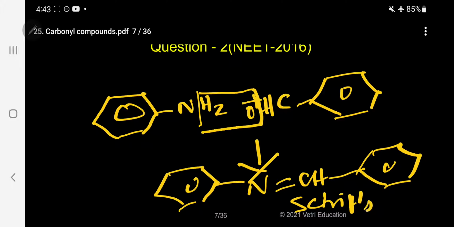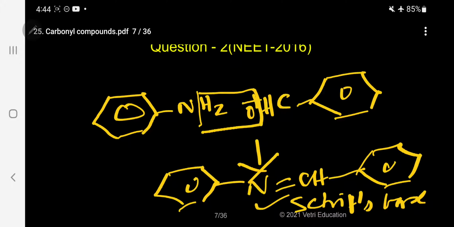Please follow. So when aniline undergoes a condensation reaction with benzaldehyde, it will normally form a Schiff base. This is a highly crystalline solid.